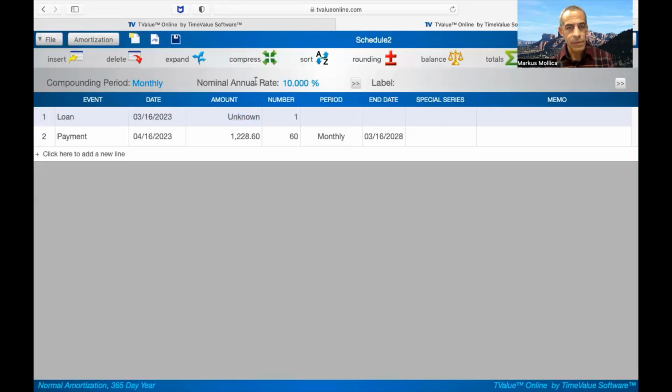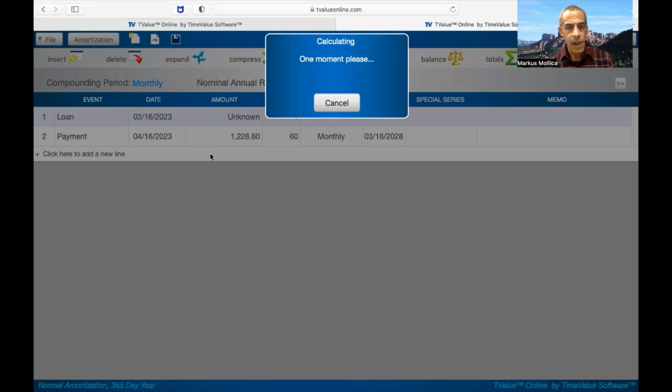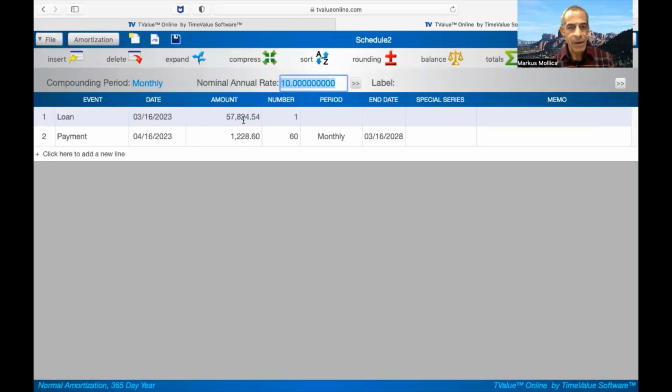Let's redo that here. Might have a slow internet. All right, so the value of this partial, the 60 payments that I'm going to sell at 10%, is $57,824. That's the value of the partial. Now I can sell that partial with a yield of 10% for 57,000.